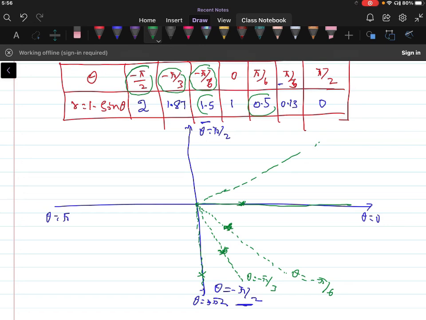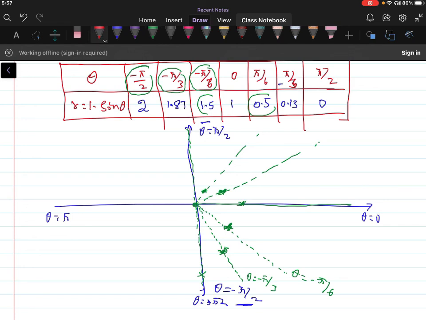So let us take 0.5 here. When theta is equal to pi by 3, that is 60 degree, the r value will be 0.13. When theta is equal to pi by 2, the positive y-axis, it makes an angle pi by 2 with the initial axis in the anti-clockwise direction, so r will be 0. So this is the point.